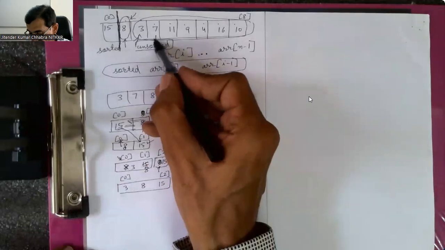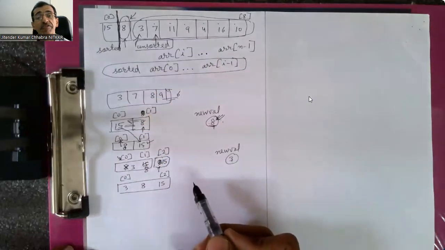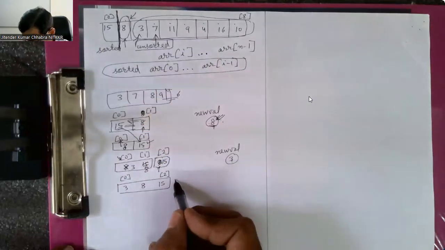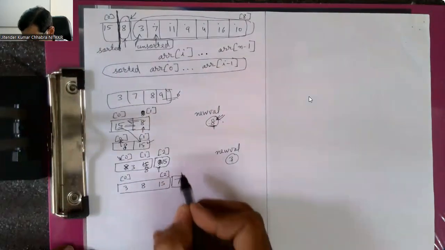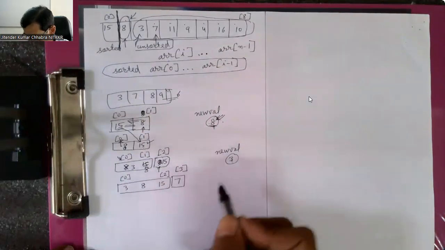Take the next unsorted element, the first element, 7. 7 will be considered, which is at index 3.